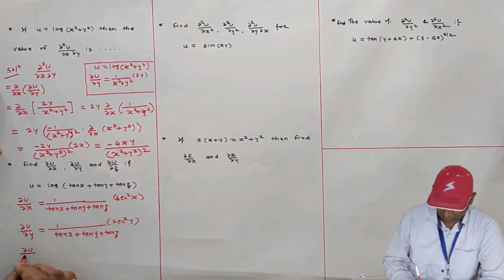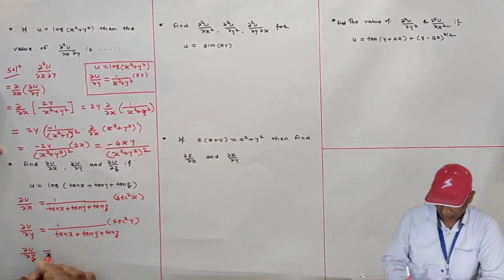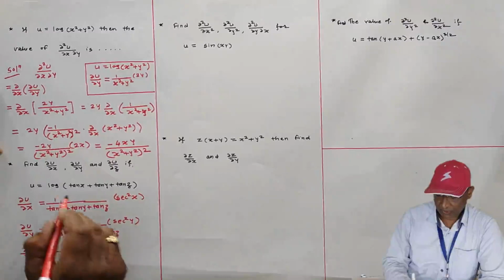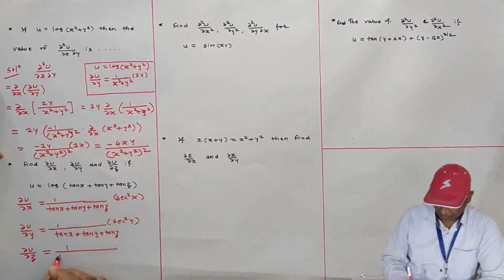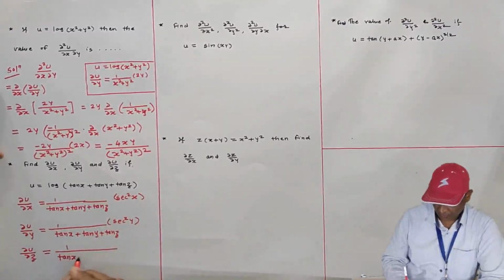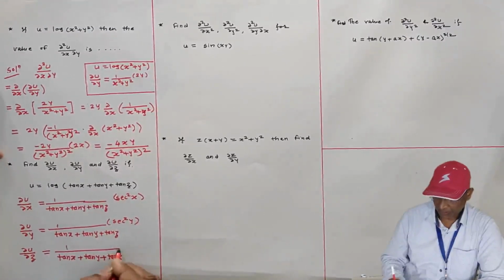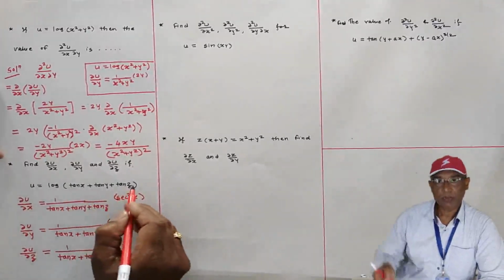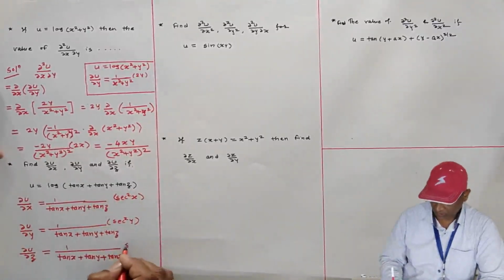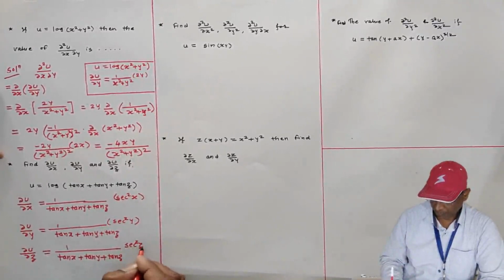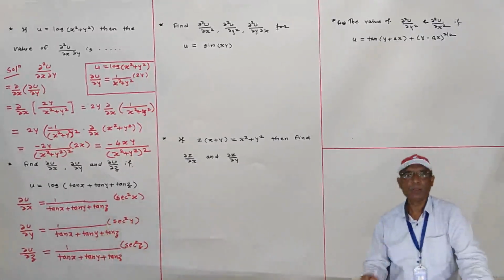Similarly, del u by del z, take derivative with respect to z, same thing again, 1 by tan x plus tan y plus tan z, and derivative of the argument with respect to z is sec square z. These three differential coefficients we found.